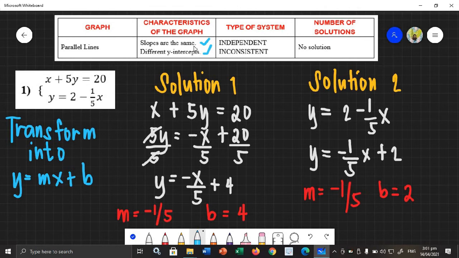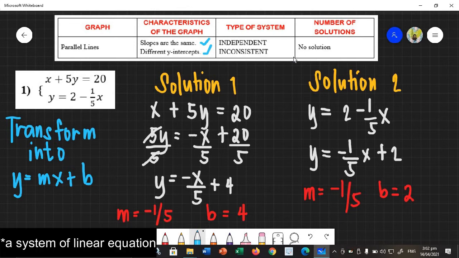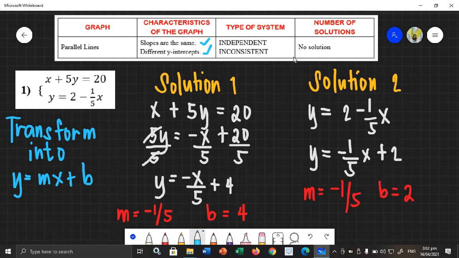Kasi, yung slope nila ay same, but yung y-intercept nila ay different. We can also conclude na this system or yung type ng system na to is independent and inconsistent and it has no solution. So this is an example of a linear equation na mayroong graph na parallel lines.